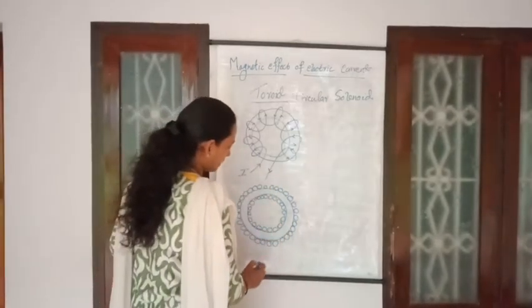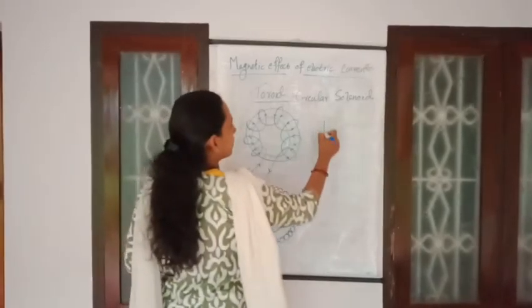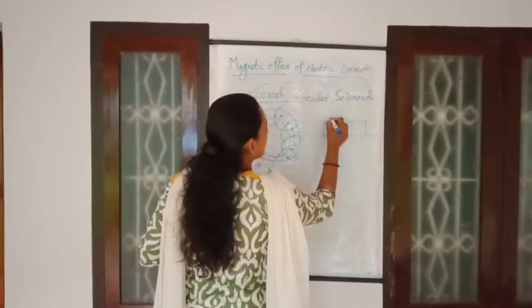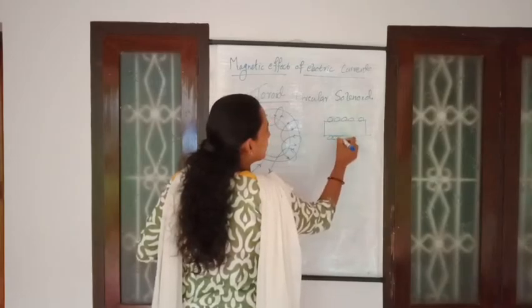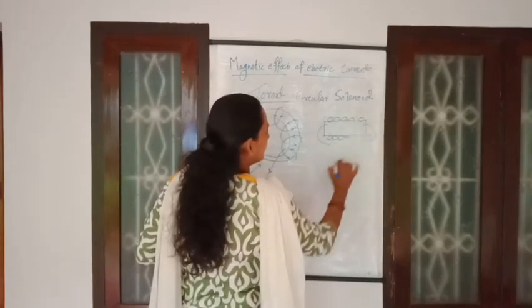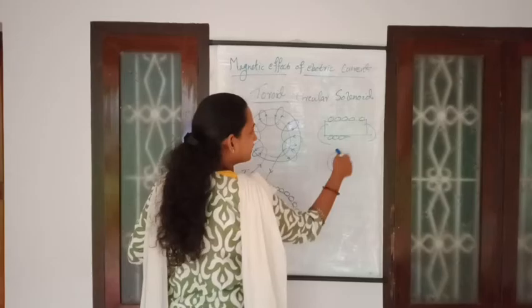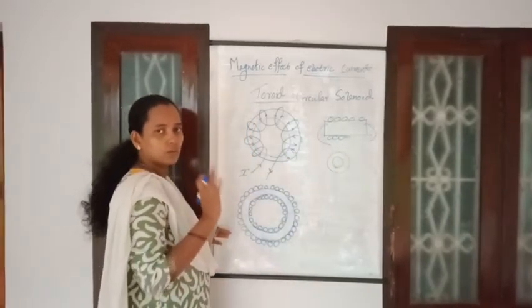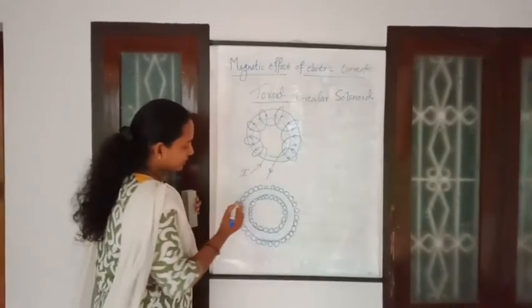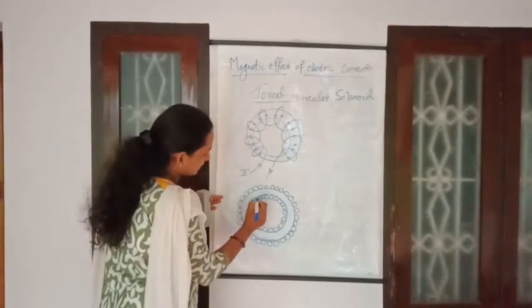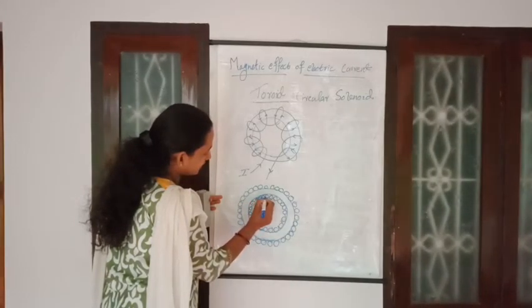Are you remembering the cross section of a solenoid? Solenoid was like this, no? But when you bend this one, it will come like this with the same pattern. So this is actually the cross section of the toroid. Through one end, the current is inward.